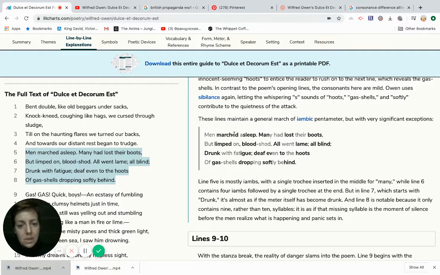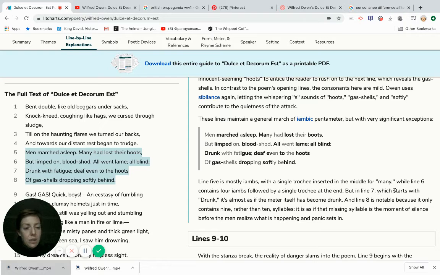These are iambs. A trochee is the opposite of that. It's two syllables with the first syllable stressed and the second syllable unstressed, like many. So line 5 is mostly iambs with a single trochee inserted in the middle for many, while line 6 contains 4 iambs followed by a single trochee at the end.